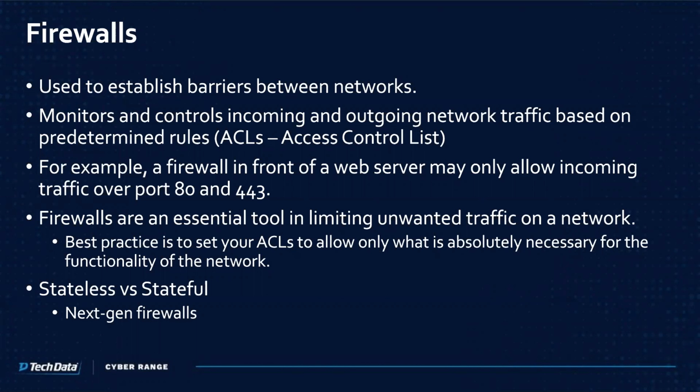Well, you may create a firewall rule that only allows incoming traffic over ports 80 and 443. Those ports, 80 and 443, are used for web traffic only, one over HTTP versus one over HTTPS. So firewalls are an essential tool in limiting unwanted traffic on your network. There we have some guidance in regards to a best practice about setting up your ACLs.